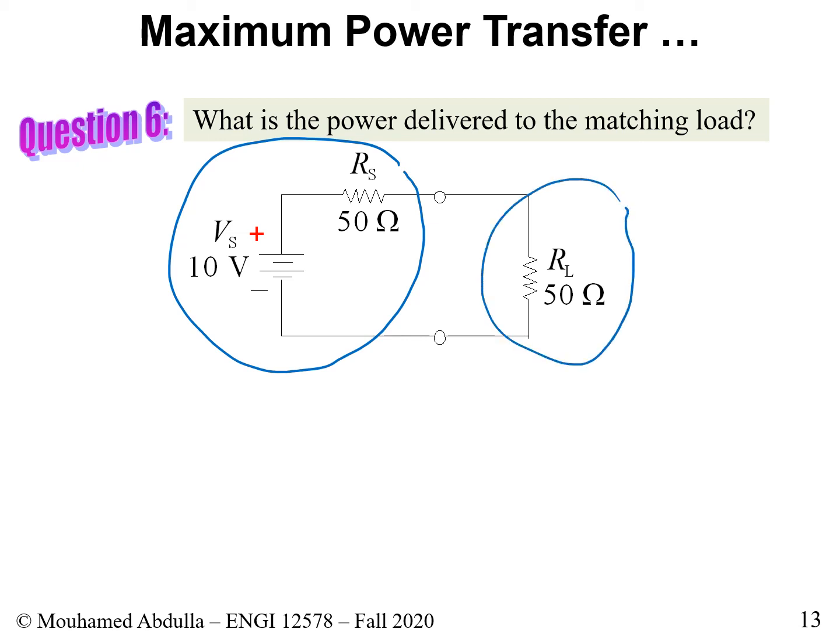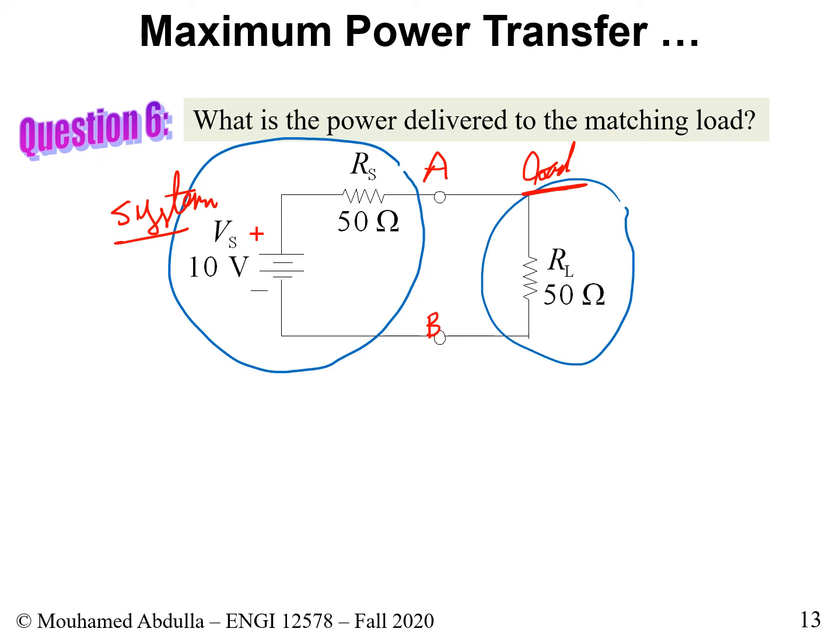We have two nodes, node A and node B, and this is where you differentiate between the system and the load. This is the border between the system and the load. And we're asking you, what is the power delivered to the matching load?